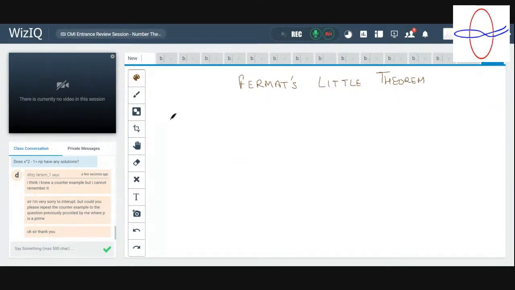And this states that if p is a prime and you have some a such that p doesn't divide a, then this congruence is true.